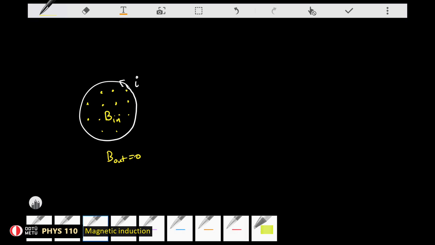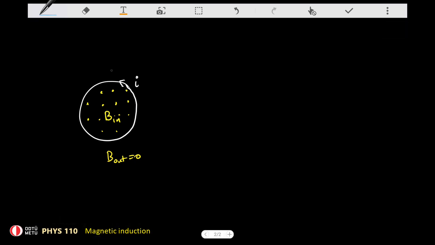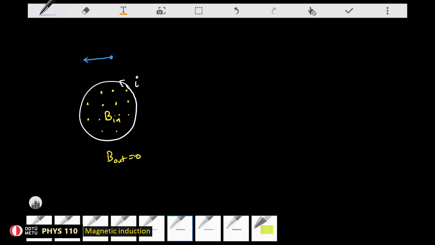Just remember that. This picture has rotational symmetry, cylindrical symmetry. So at any point in here, let's say at this point, the electric field should be along this direction or opposite to that, depending on whether the current is increasing or decreasing. So we can also decide on that direction.